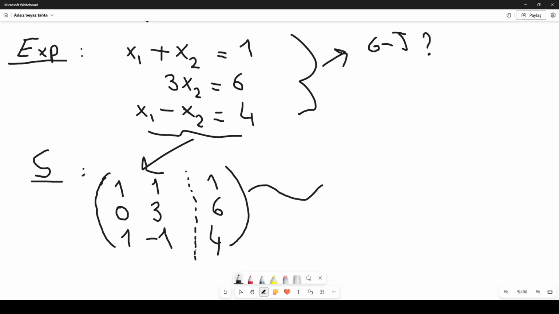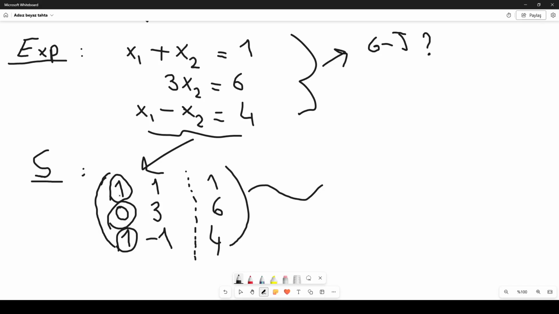Then you see the leading entry in the first row is 1. This is as required, and the value right below it is 0, so it is good as well. But this value should also be equal to 0, because the values in the same column as the leading entry should all be equal to 0, besides the leading entry, of course.